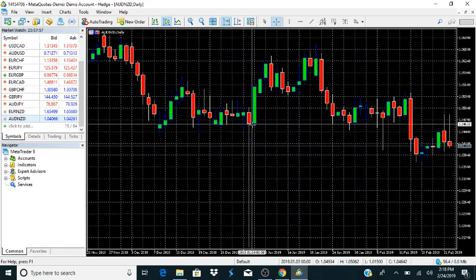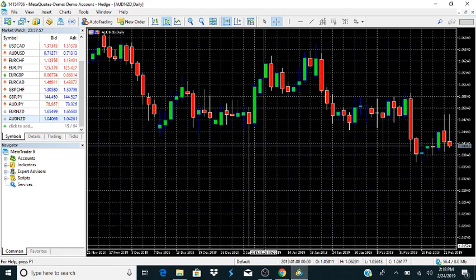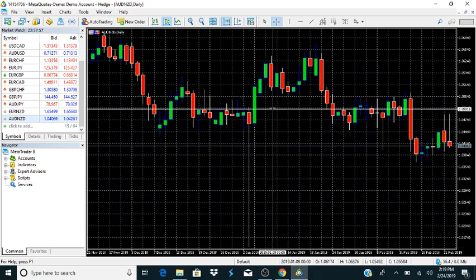You see this long wick from this area right here, and it dropped all the way down. Now, had somebody caught that down there, that would have been crazy, crazy money that they would have made up until this time frame.